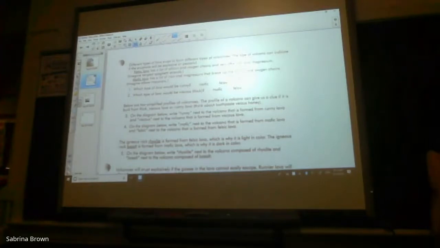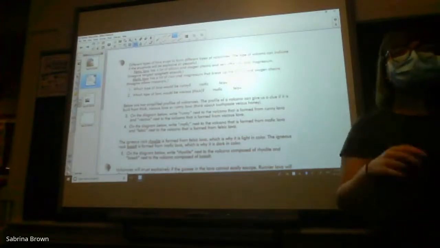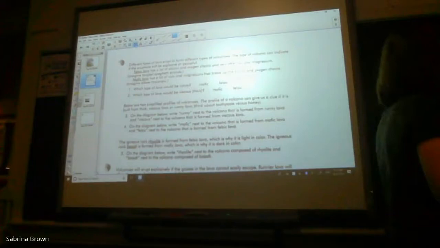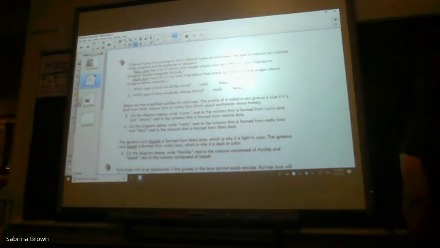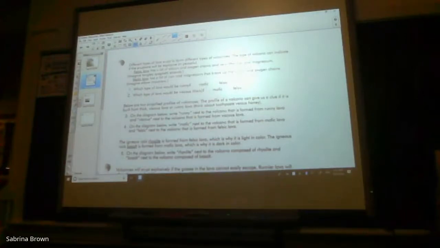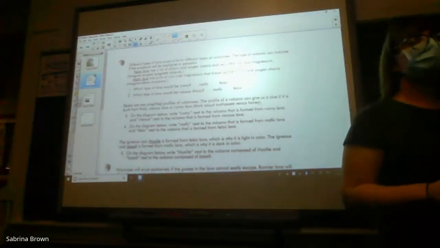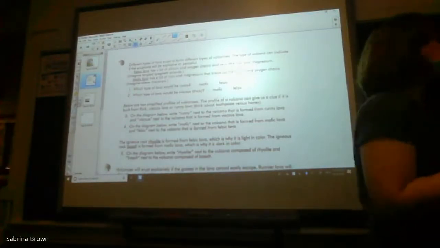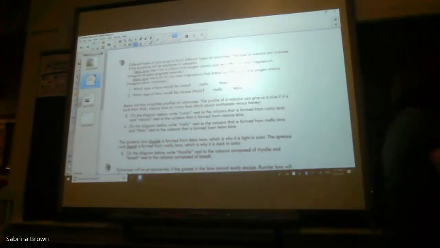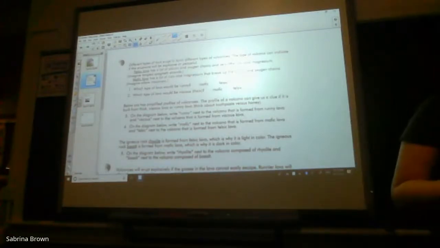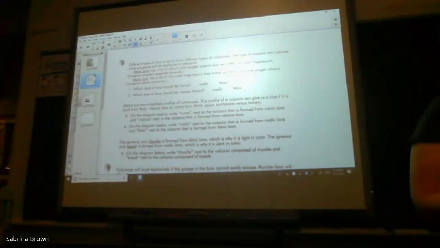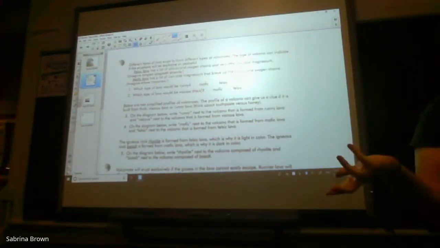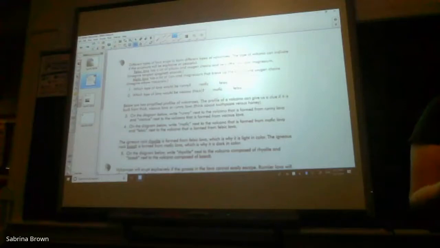It's very flowy, not very sticky, right? Very runny. But a high viscosity fluid might be syrup, molasses, oil. Anything that flows a little more slowly would have a higher viscosity. Right, so remember, viscosity is just that fancy word that means how runny or sticky or thick it is.